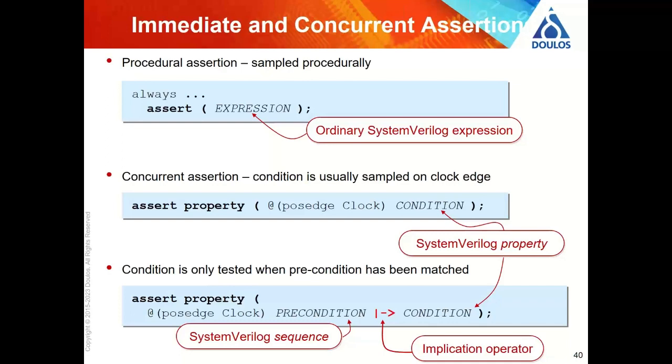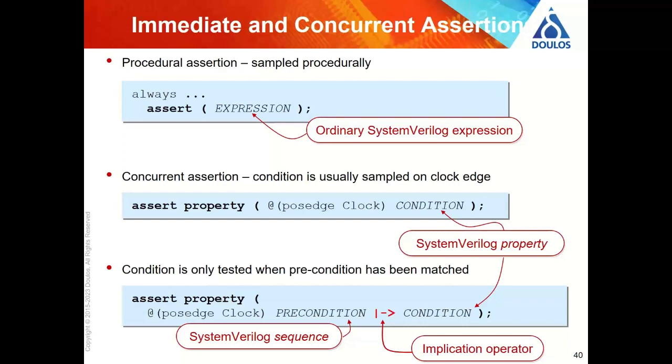Where it's different is if we say assert property. Assert property is known as a concurrent assertion. Typically we need to specify a clock that it's going to run on, and then the condition is something that we can either test during simulation time or can be proven by formal verification.